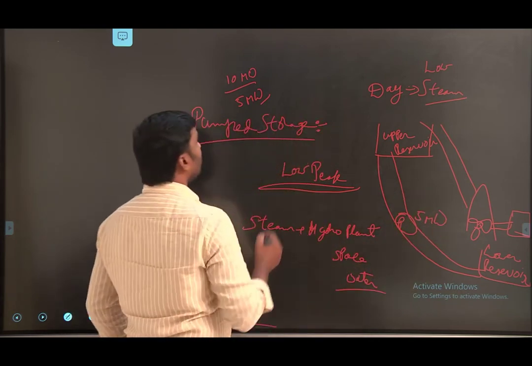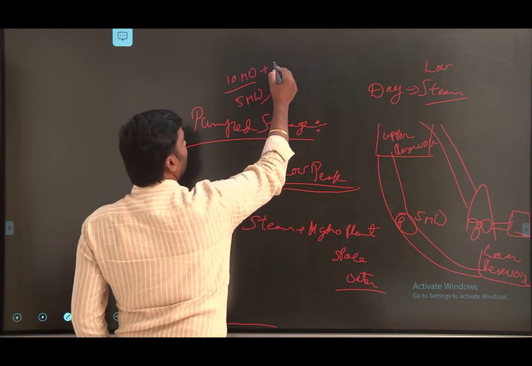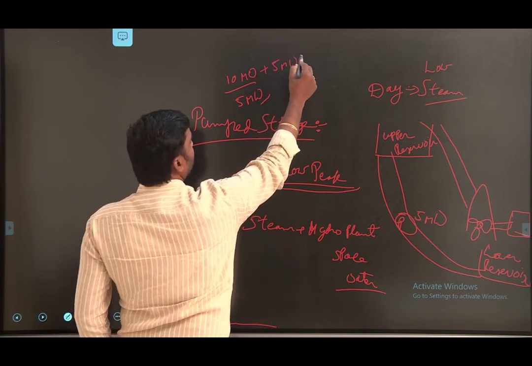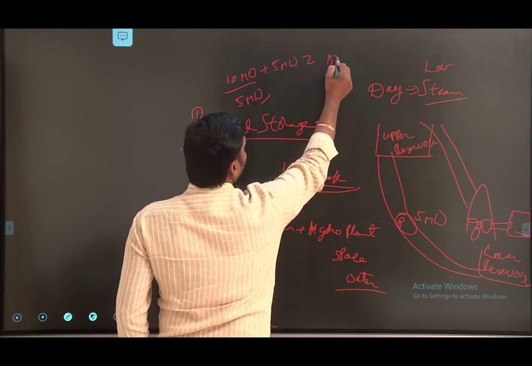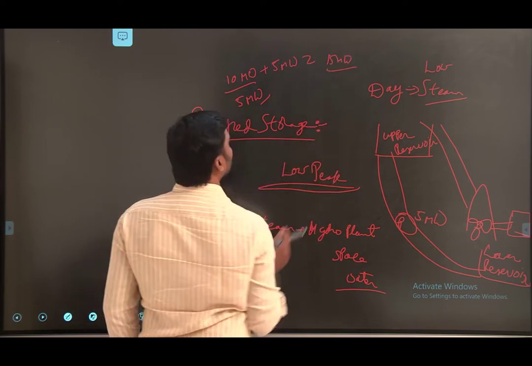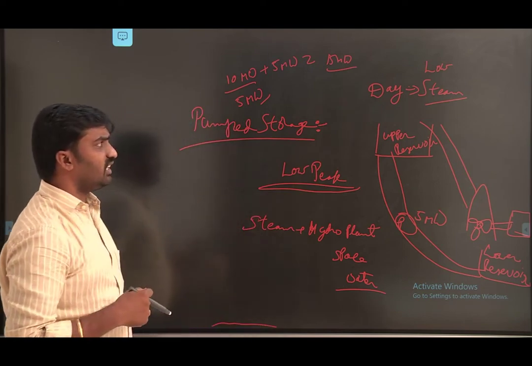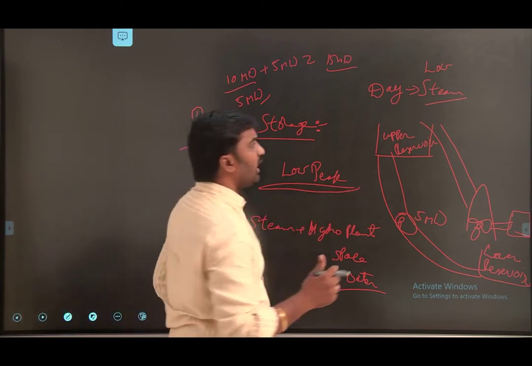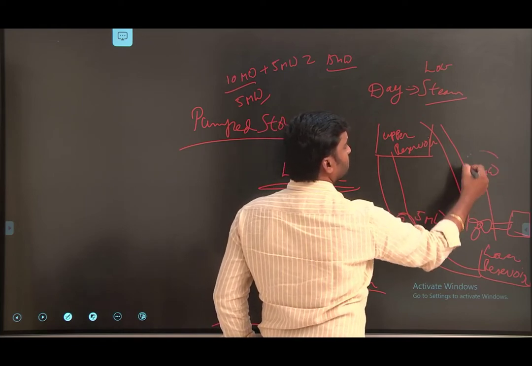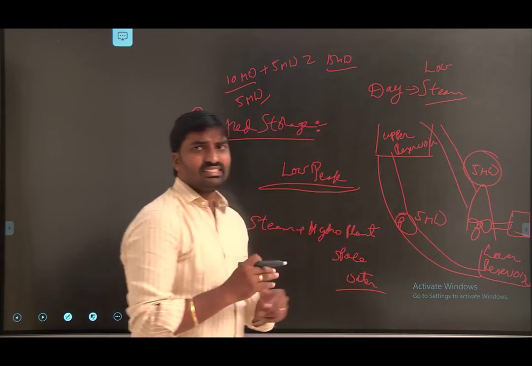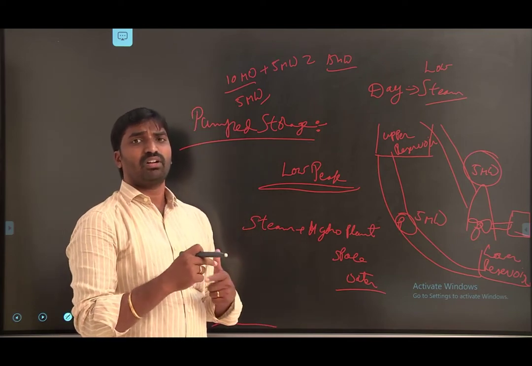But we require 15 megawatts of power in the night time, and we have a capacity of only 10 megawatts from the steam power plant. So the 5 megawatts is generated by the hydroelectric power plant at night time. This balances the cyclic power consumption.